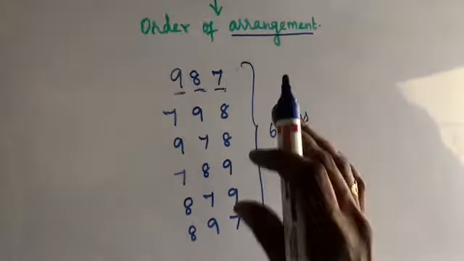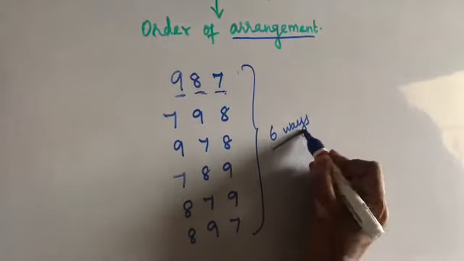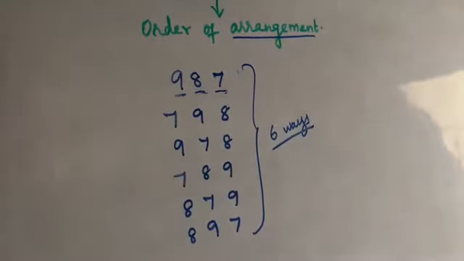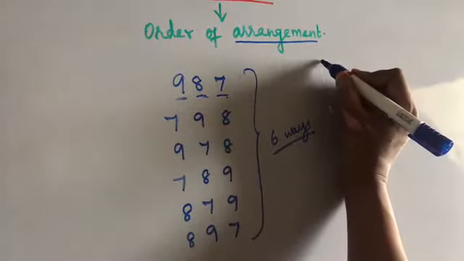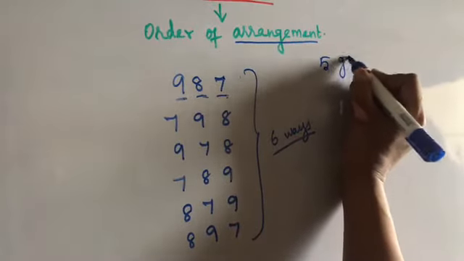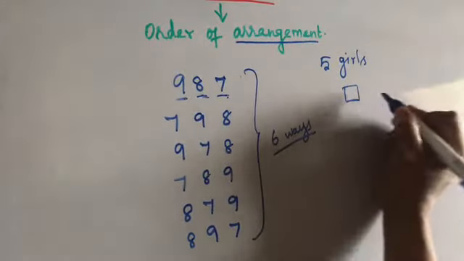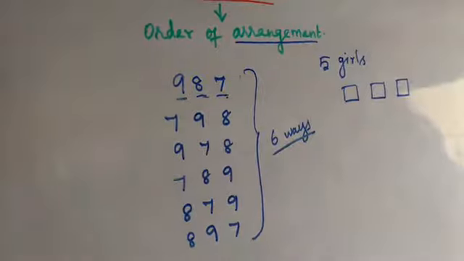Okay, permutation also helps us to calculate the number of ways in which we can arrange particular things. For example, I call out 5 girls from your class. Here only 3 of them I can give seats.